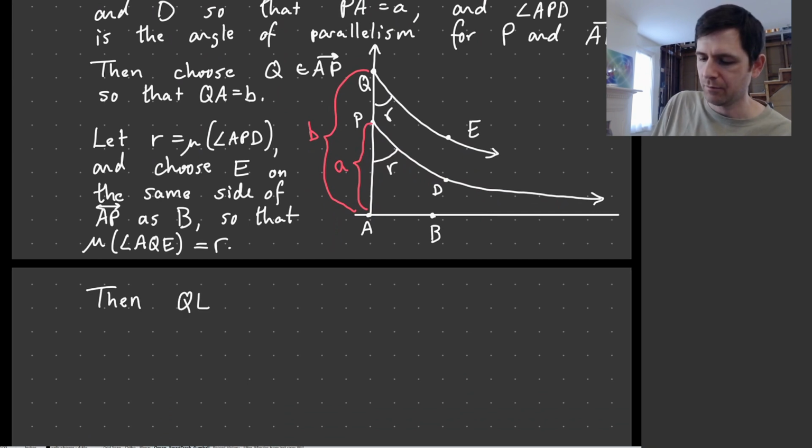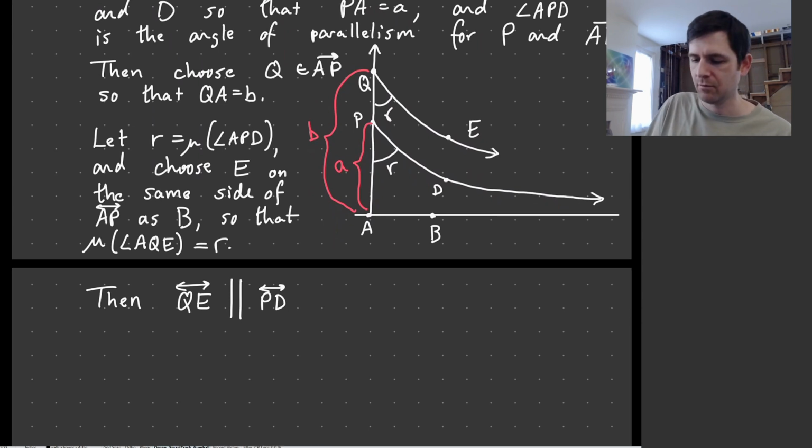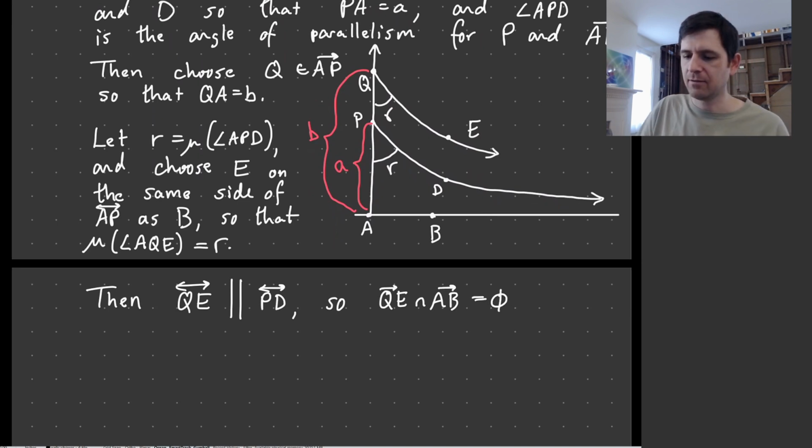Then the line QE is parallel to PD, so QE intersect AB is empty.